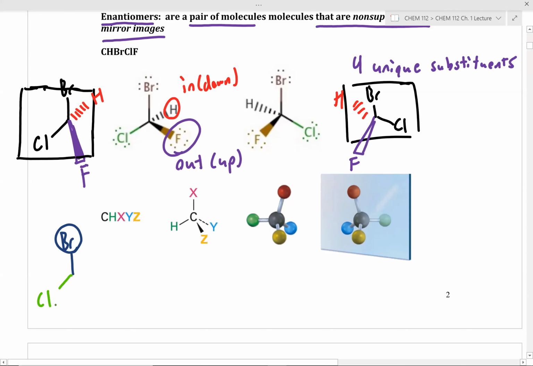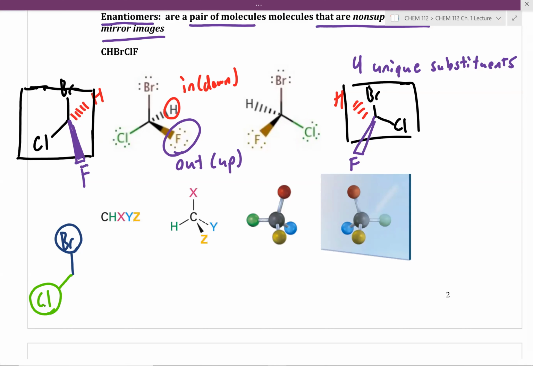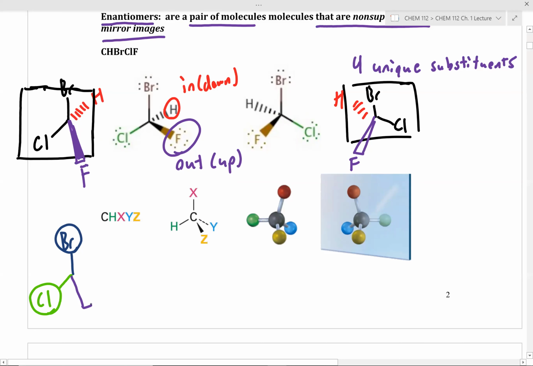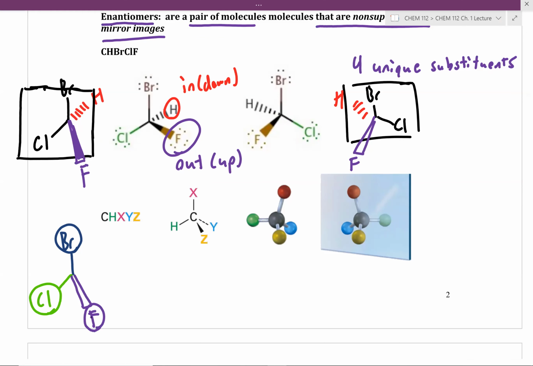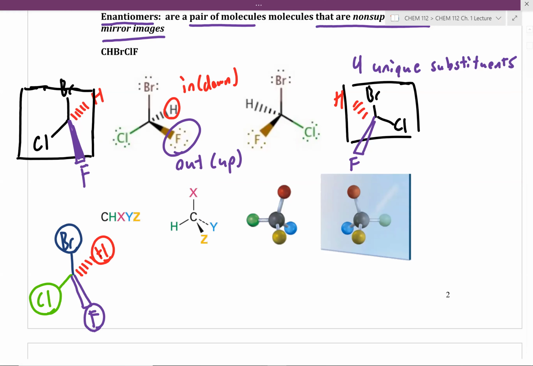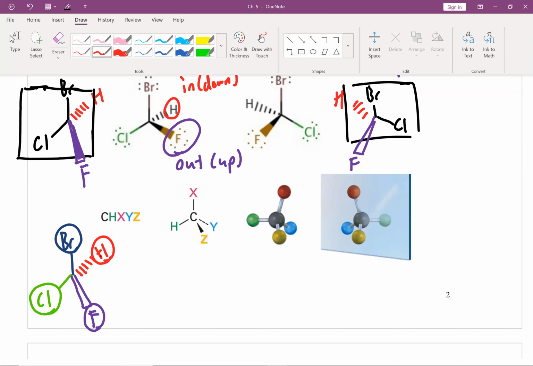My chlorine is going to be in the plane of the page on the left-hand side. The fluorine is pointing out, and the hydrogen is pointing in the back. Okay, perfect.